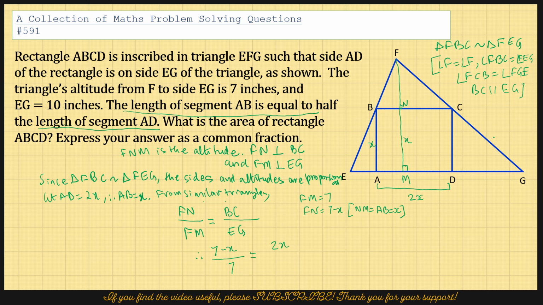So I can write here also BC equals AD equals 2x. We don't need to because it's a rectangle, but I just wrote it. So BC is 2x divided by EG, and EG we've been given as 10.